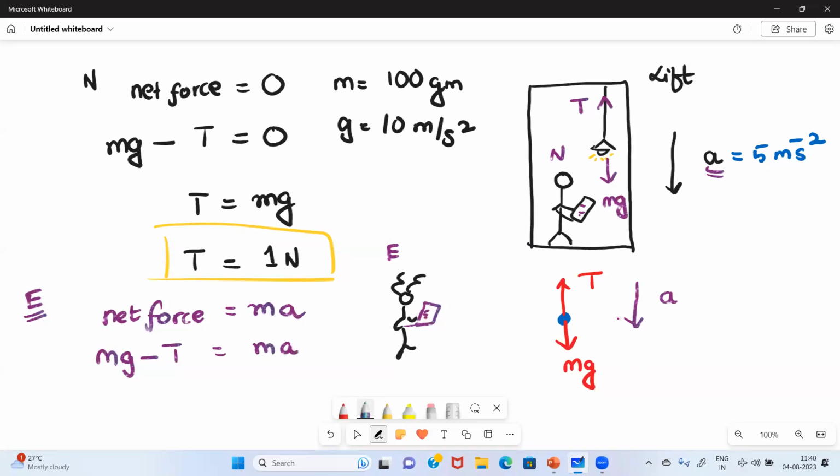So bring T to the other side. Correct? Minus T is Ma minus Mg. T will be Mg minus Ma.